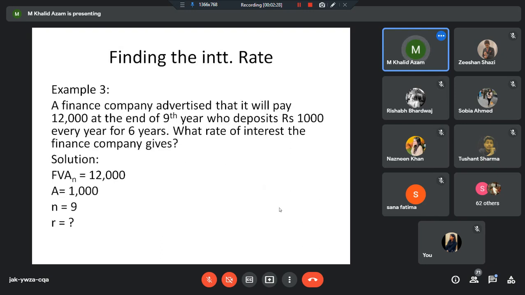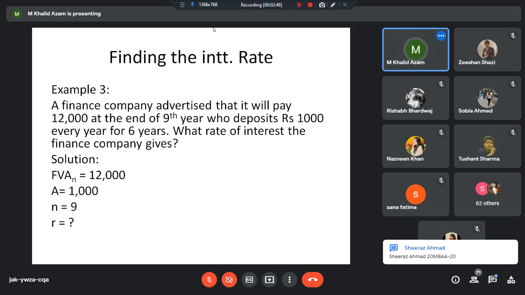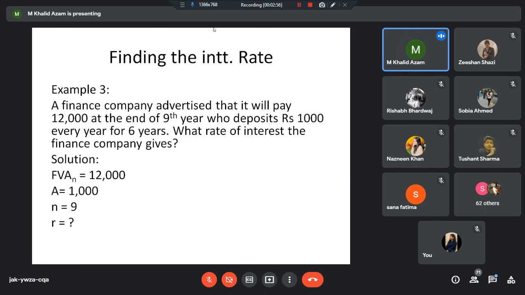First of all, I should apologize for the mistake which I committed in writing yesterday, and due to that I have changed the example. This is about finding the rate when you are compounding the annuity amount. After a particular period of time you get some amount, and you are depositing some amount on a regular basis.